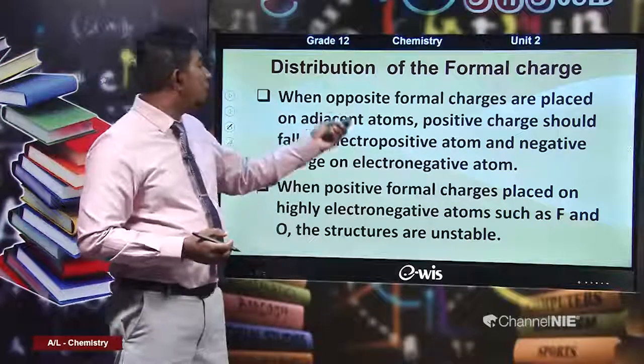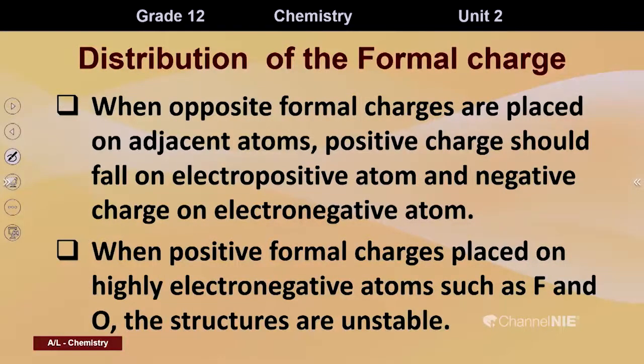When opposite formal charges are placed on adjacent atoms, positive charge should fall on the electropositive atom and negative charge on the electronegative atom. When positive formal charges are placed on highly electronegative atoms such as F, fluorine, and oxygen, the structures are unstable.